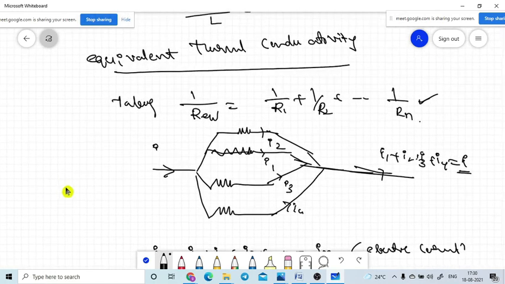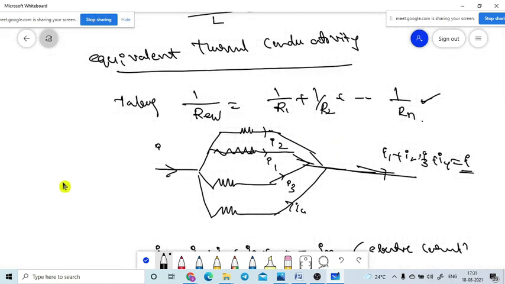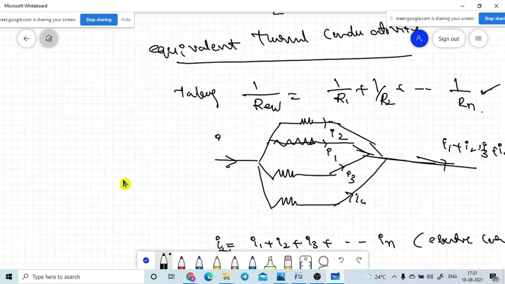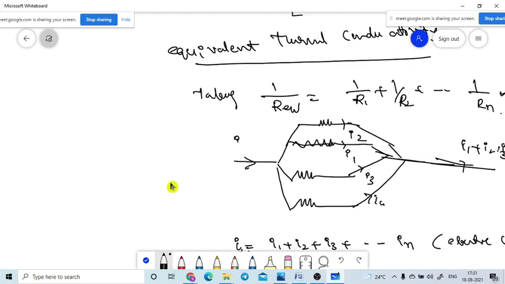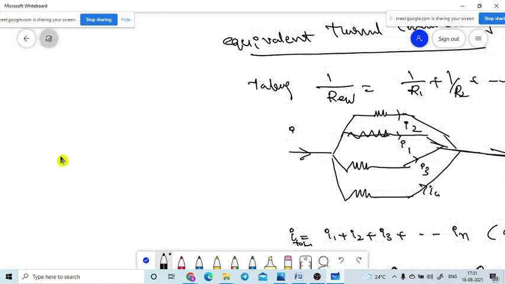If they are giving only two thermal conductors, and they ask what is the equivalent thermal resistance when they are connected in the parallel manner.